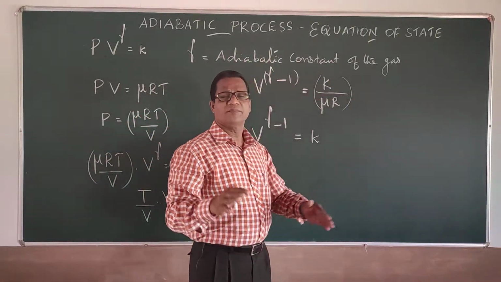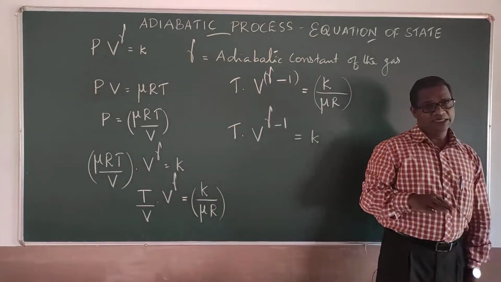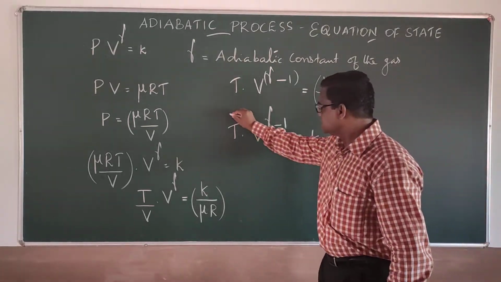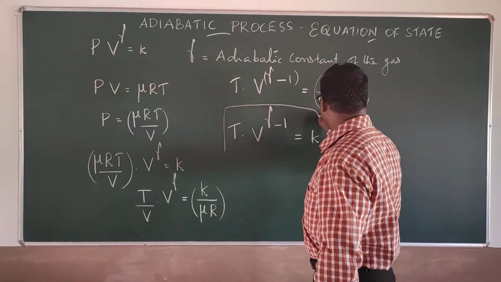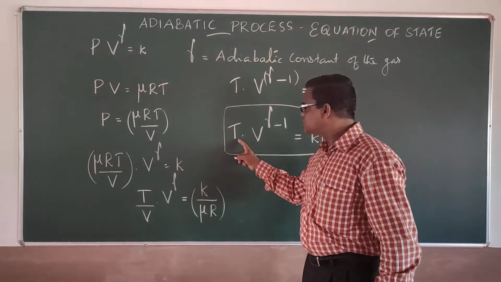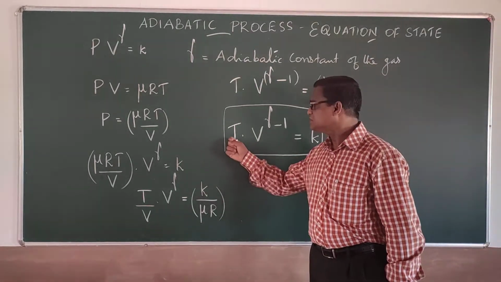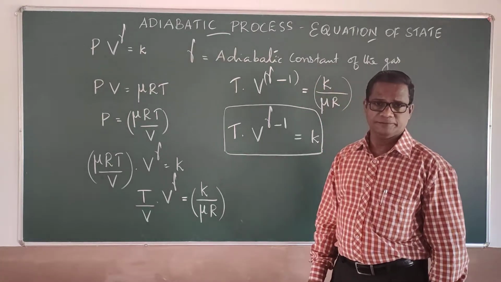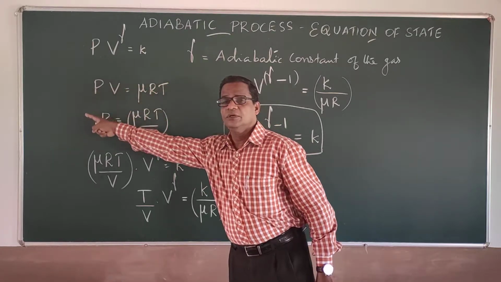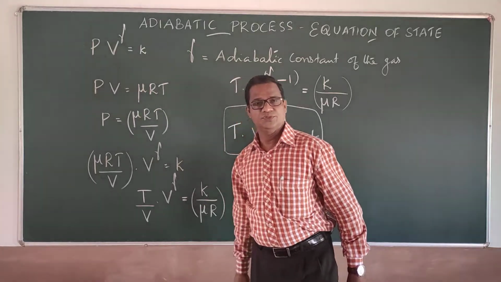So this right hand side represents only a constant. I am not talking about the magnitude of those things. It simply says right hand side is a constant. So this is the equation of state which is relating the temperature, the absolute state, into volume of the system. So this is temperature volume equation of state. So method you understood from this part. We are taking what? The gas equation and substitute accordingly into that one to get it.